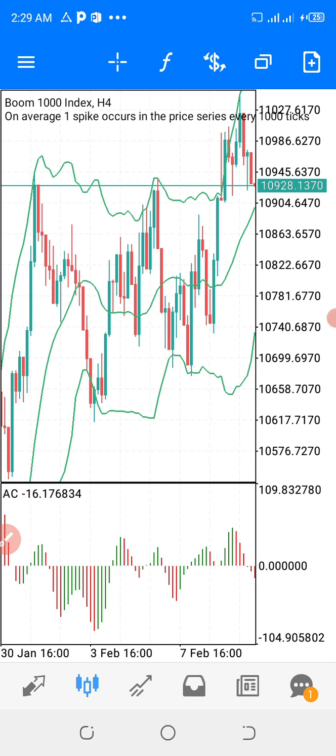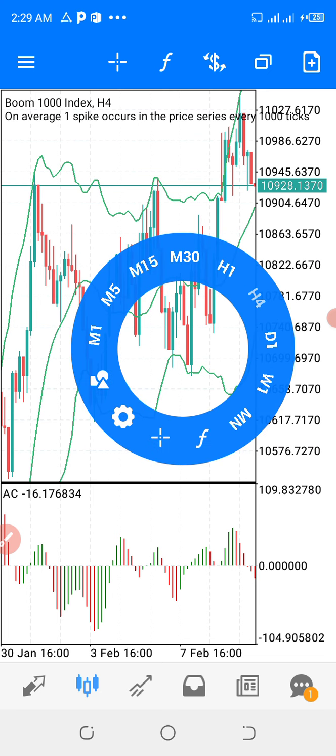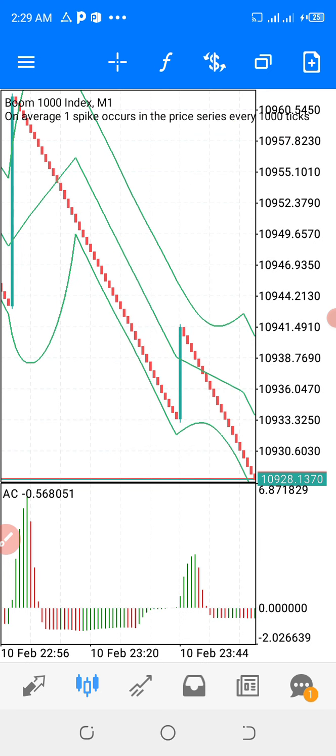The last candle is supposed to be red on the 4-hour, and that's how you identify a downtrend. Here we see it's red, so we've identified it's a downtrend. Then you go back to your 1-minute chart.